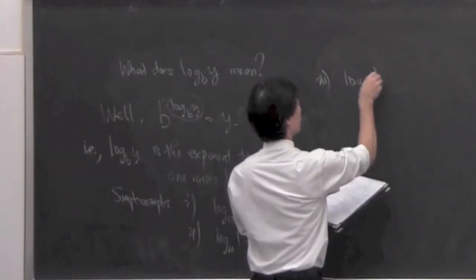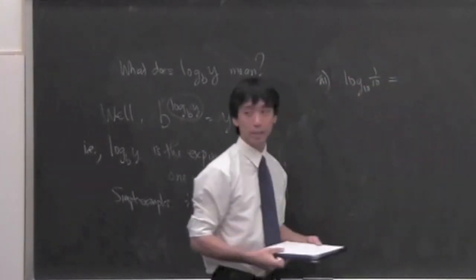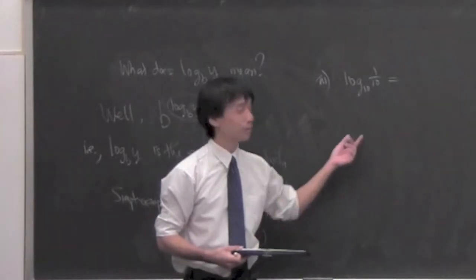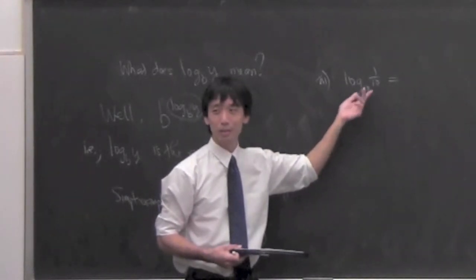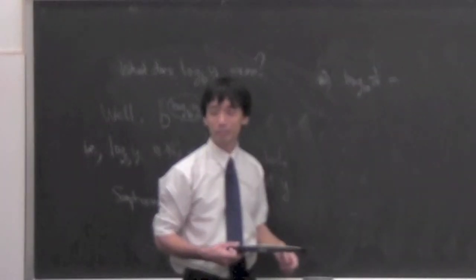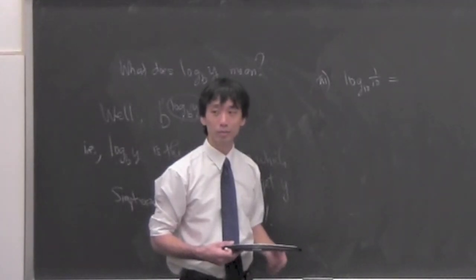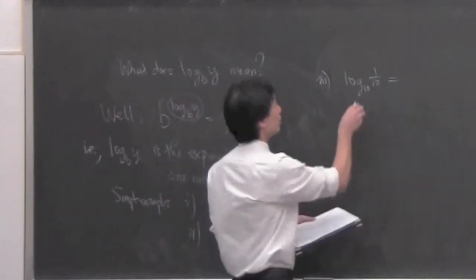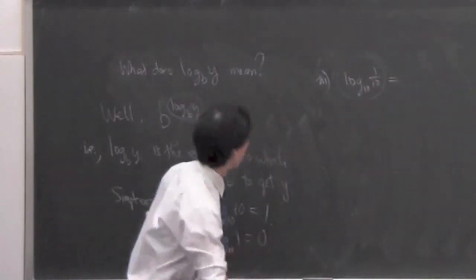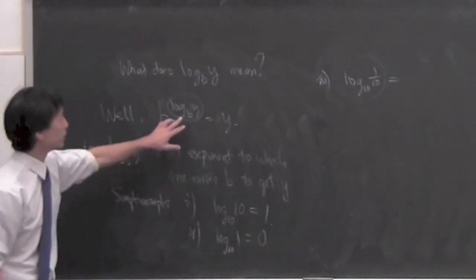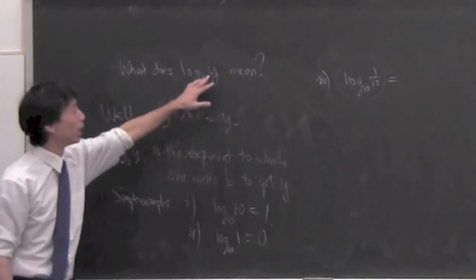Log base 10 of 1/10. Well, 10 to the what is 1/10? So wait, every time it's something like that, whatever the log is, it has to be raised to that? So, I don't get it. Okay, so just keep this in mind. What is log base b of y?